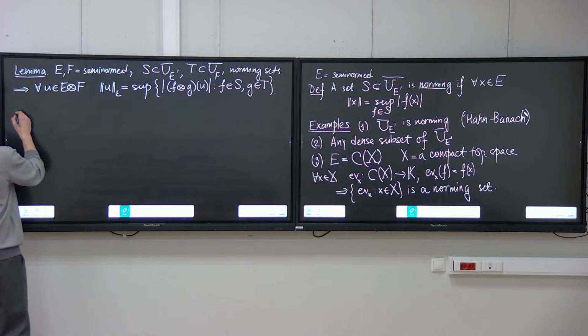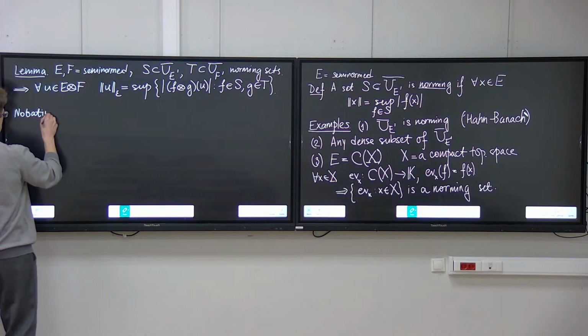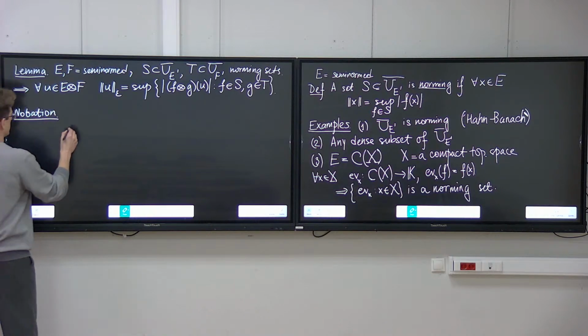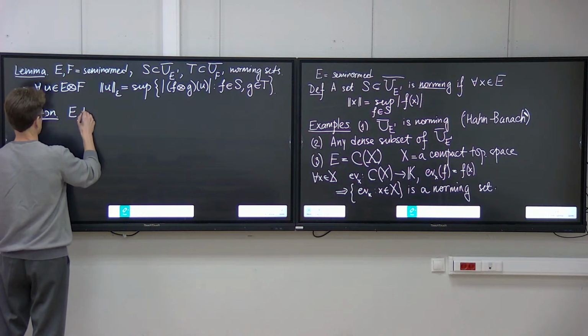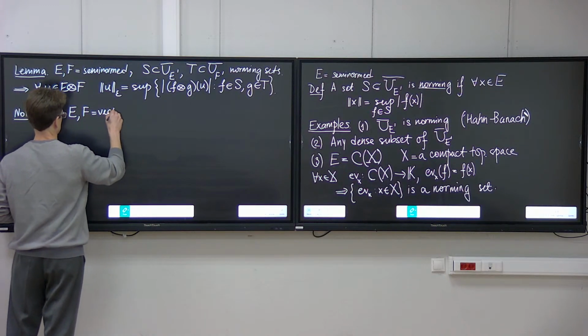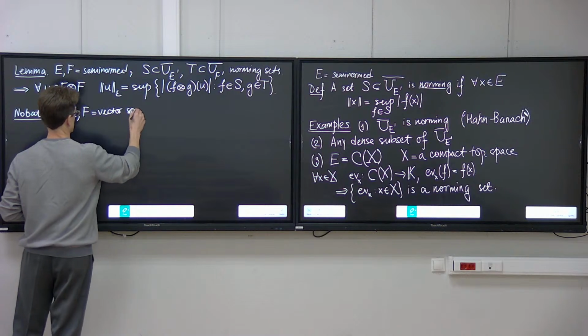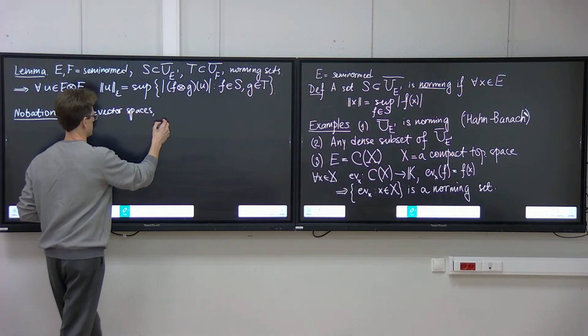To prove the lemma, let's introduce some pure algebraic notation. Suppose that E and F are just vector spaces, and suppose we have two linear functionals.